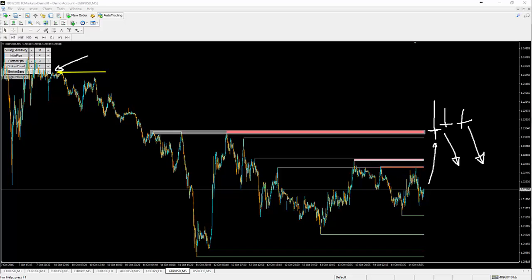So we don't want to invalidate our resistance and support levels that quickly. We want to give it a little bit of space. Usually 2 or 3 bars when price is testing it, to make sure that price is not trying to fake us out, not trying to trick us with its price action, so that we'll be able to filter the best trading opportunities for ourselves.